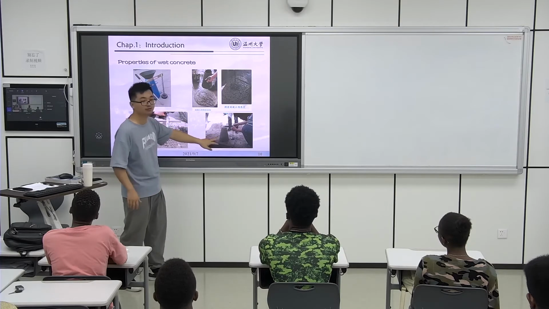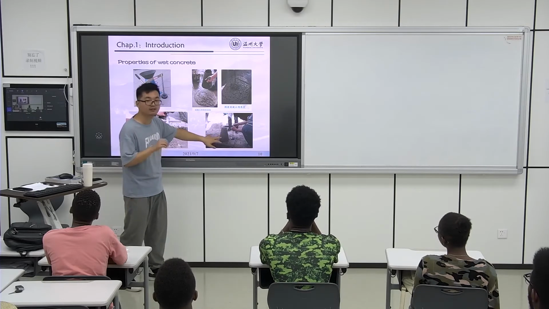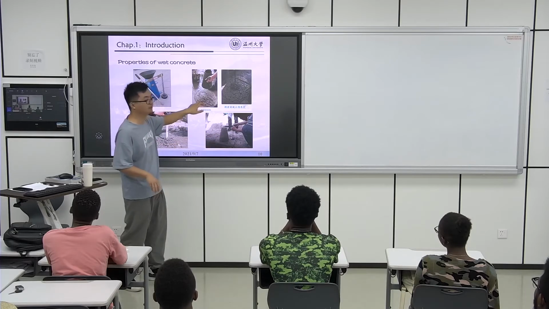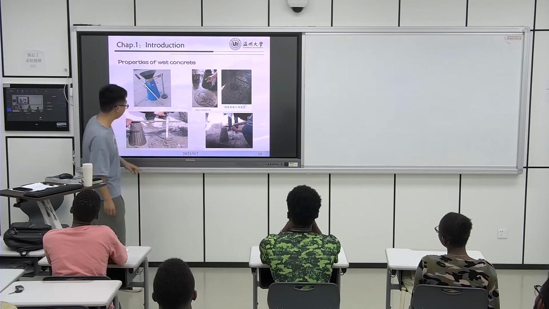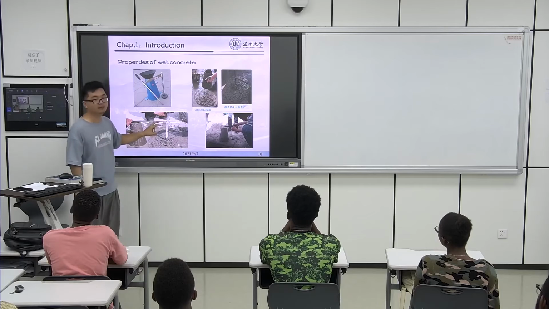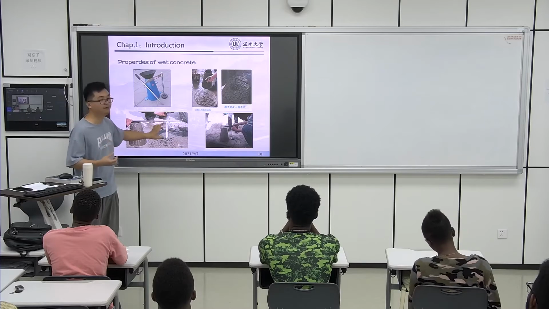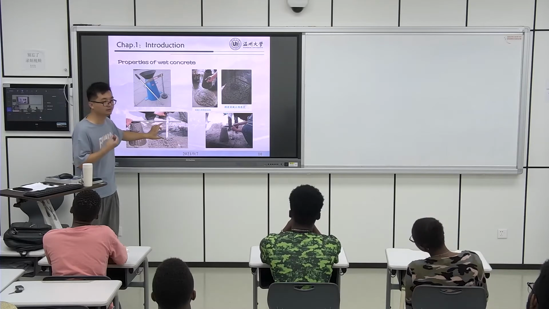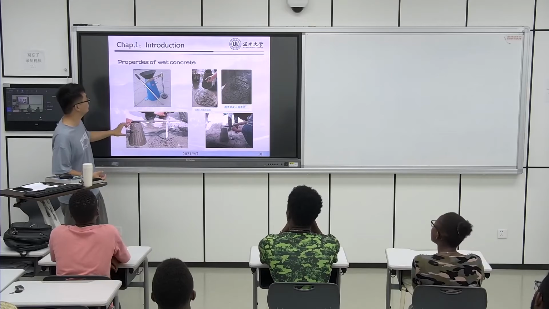For this one, it is not good in flow, and for this one it has good flow. Then the ruler is used to test, and different mixes will have different values.